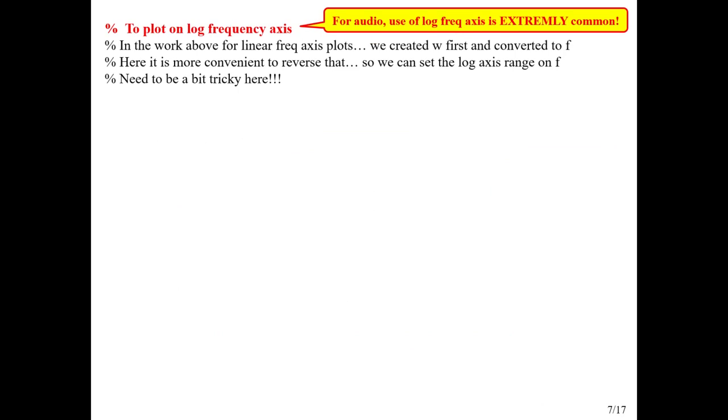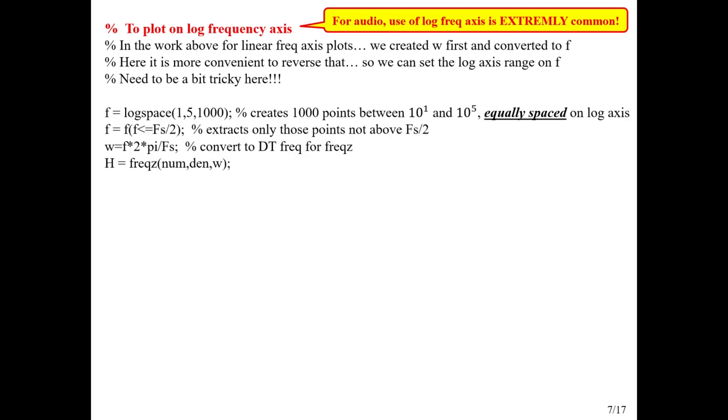Now, we also talked about single-sided spectra for signals on a log frequency axis. We almost always really want to see our frequency responses on a log frequency axis. So here it's a little trickier, and I'll show you the tricks that I use to do that. The first thing I do is I know the range of frequencies that I am interested in.